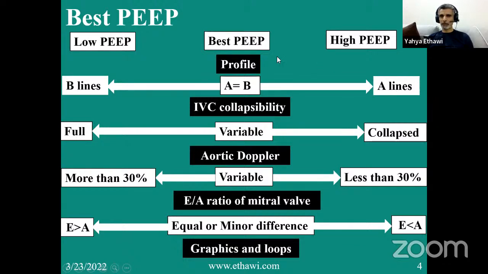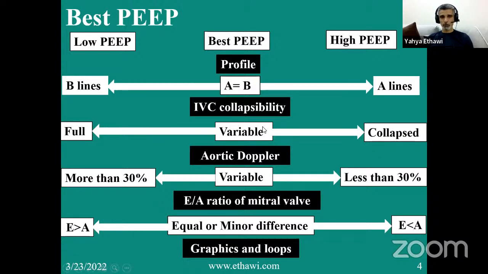When you get the best PEEP, you are in a range of A equal to B, or a minor difference between A and B lines. Of course, you can combine it with inferior vena cava collapsibility, and you see variability of this collapsibility, and if you put Doppler on the inferior vena cava, you'll see haphazard, varied waves, not rhythmic.